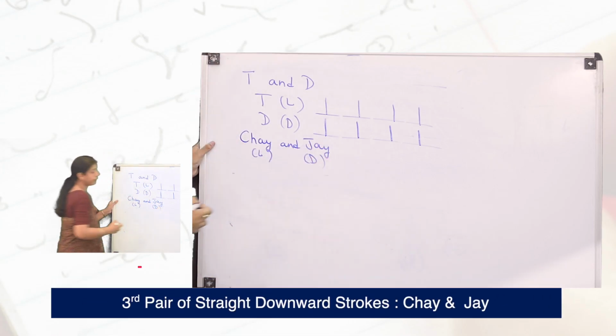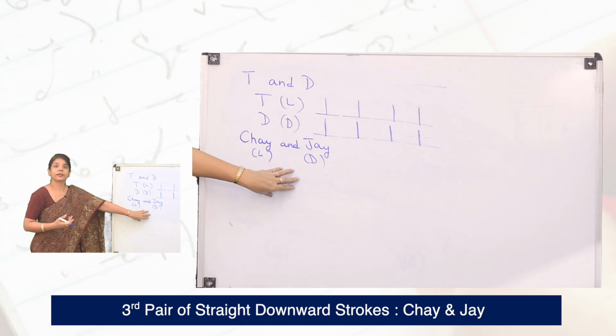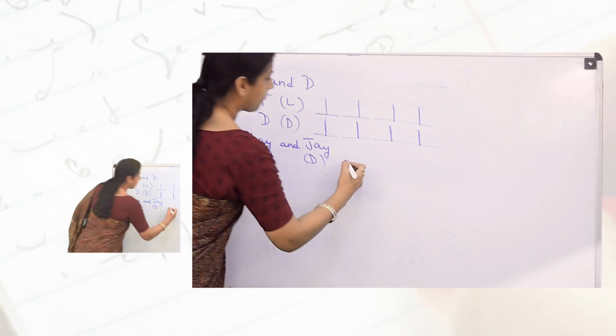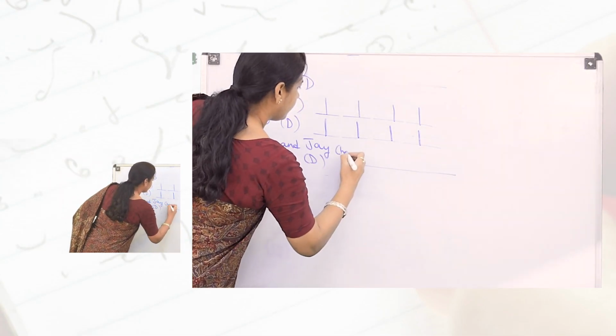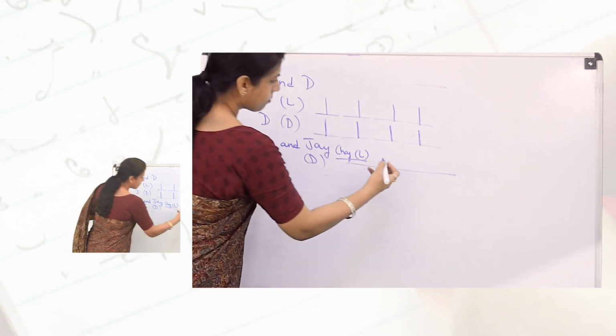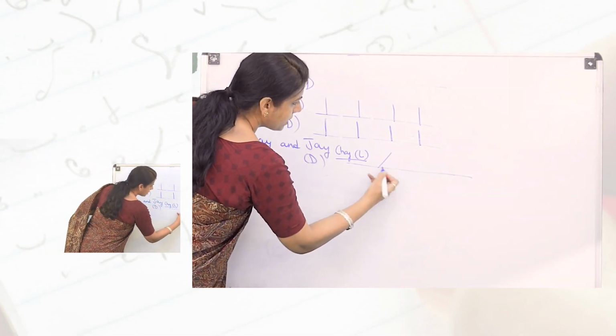Our next pair, basically the last pair under straight downstrokes, is Che and J. Now Che is a light consonant pronounced with a light sound. It's a straight line from right to left.